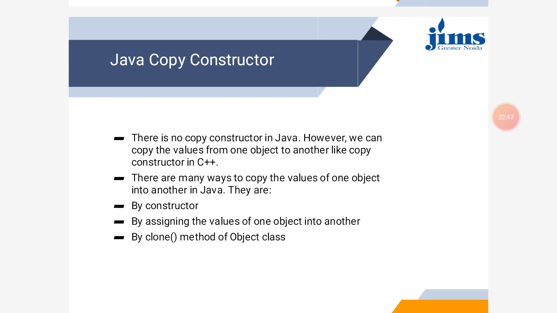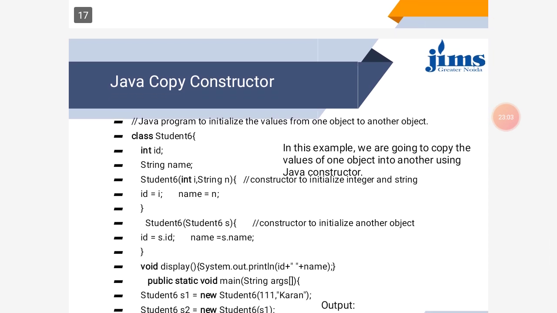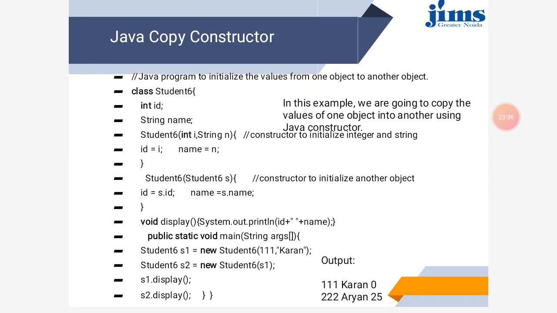And in Java, how does this happen? This happens with the help of a constructor, by assigning the values of one object into another, or by the clone method of the Object class. So in this example, we can see how we are completing the task of copy constructor.